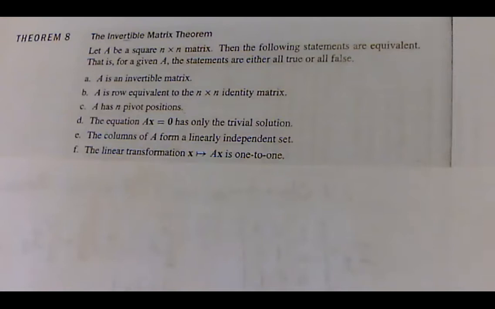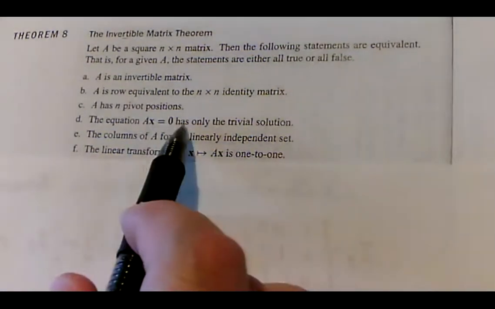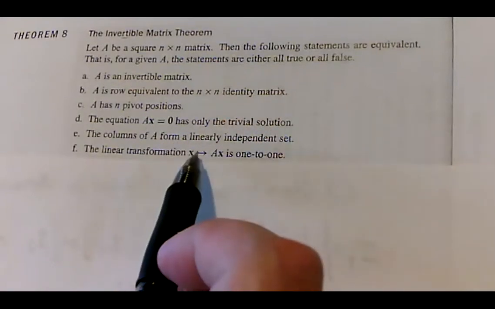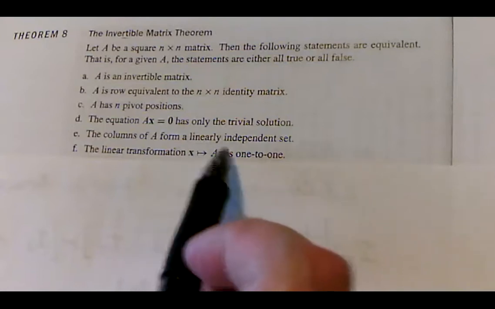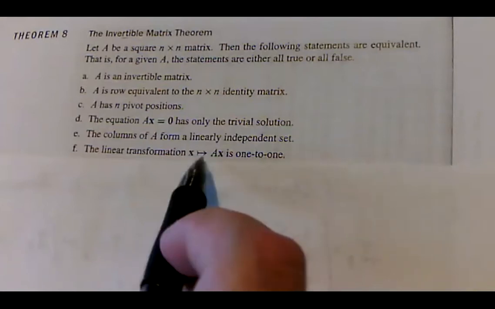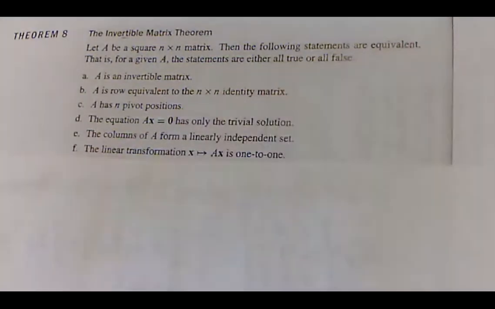And if you have one in every column, you have no free variables. If you have no free variables, then AX equals 0 has only the trivial solution. So it has to be 1-to-1 because there's only one vector that goes to the 0 vector. 0 goes to the 0 vector. There's not any others that I can put into this transformation. Remember, this transformation is T of X equals AX. So that transformation has to be 1-to-1.